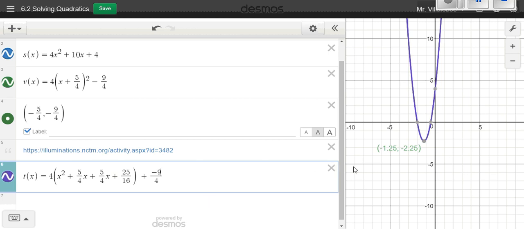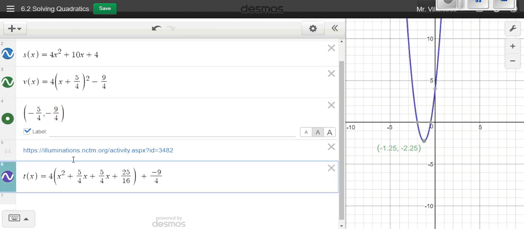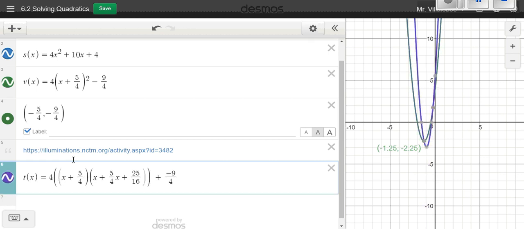Which is indeed this vertex here. Right here. Right there. And this, negative 5/4. Well, that's because this is going to become the following.